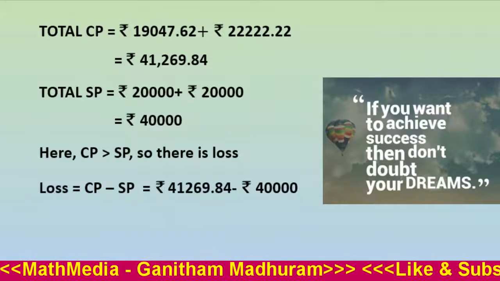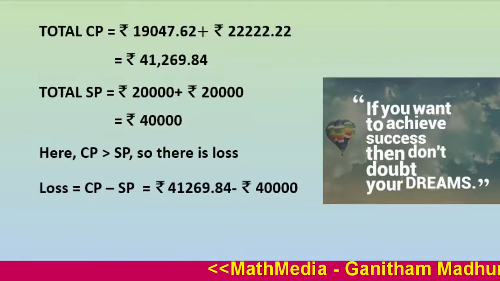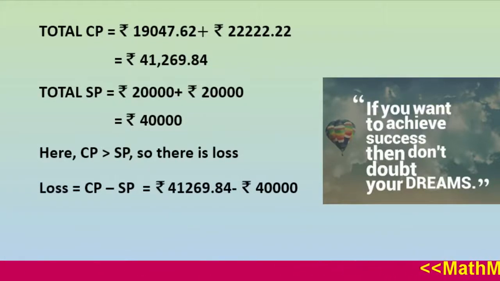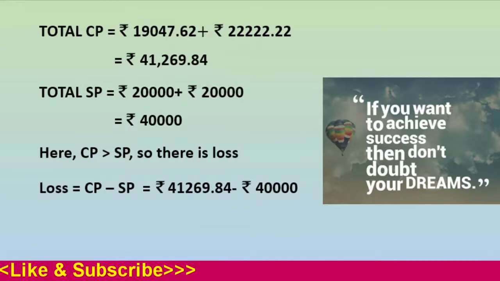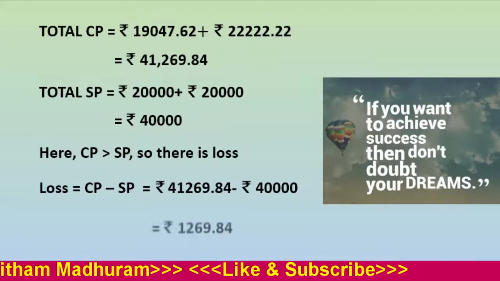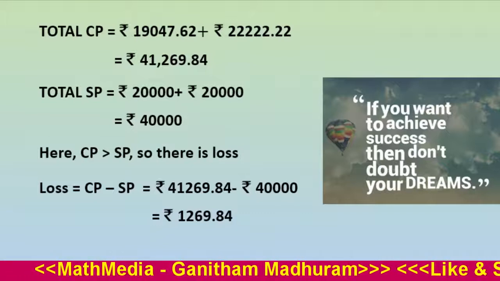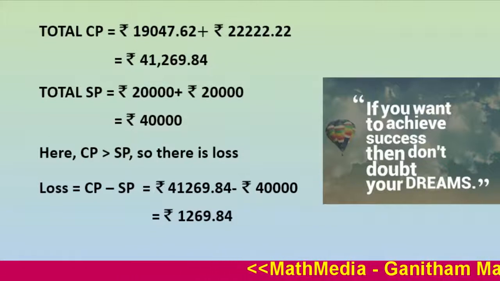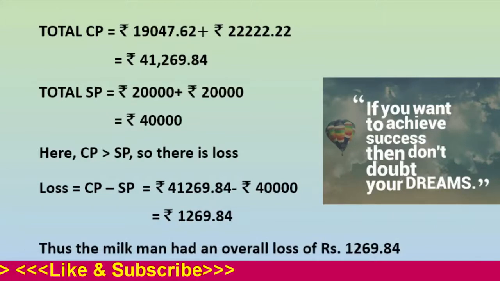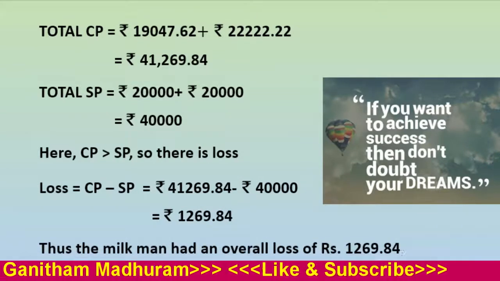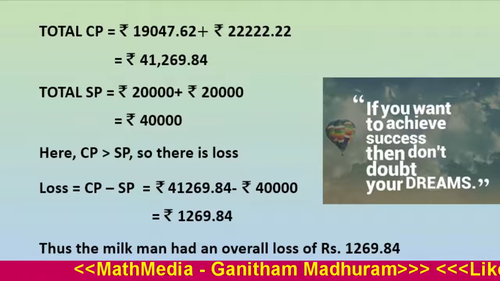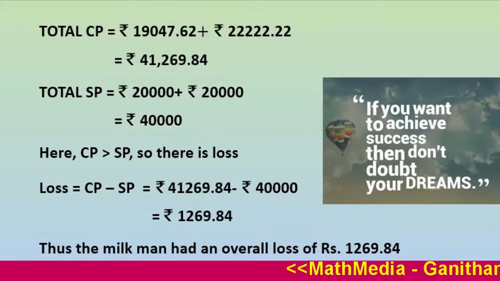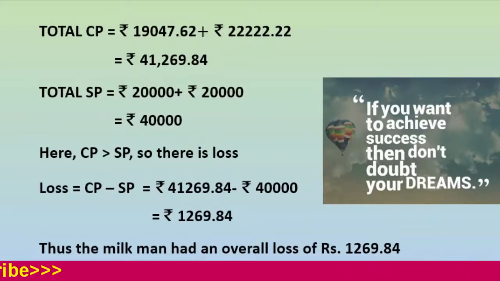Loss equal to CP minus SP, that is 41,269.84 minus 40,000. That gives rupees 1,269.84. Hence the milkman had an overall loss of rupees 1,269.84.